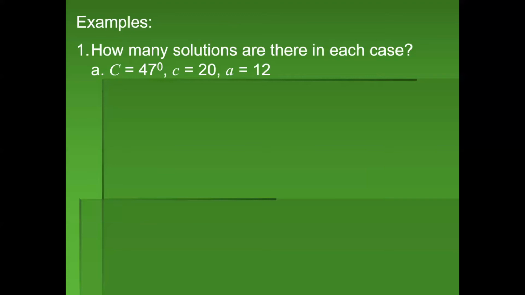The given angle is acute because that is 47 degrees. And then the opposite side, which is C, when we compare it to the other side, which is A, C is greater than A because side C is 20 and side A is 12. So 20 is greater than 12.